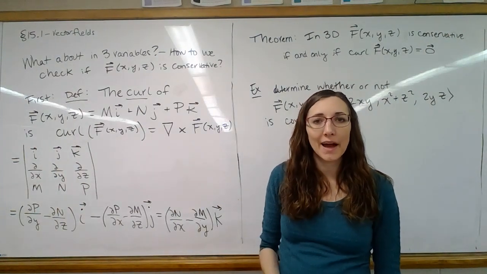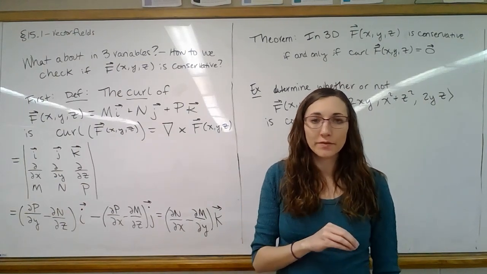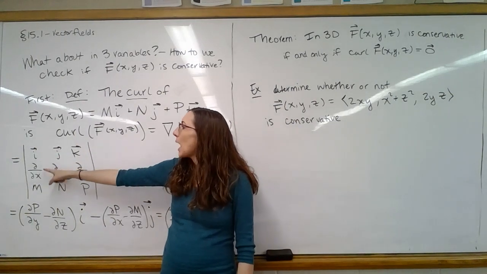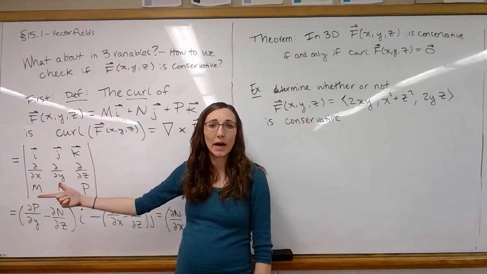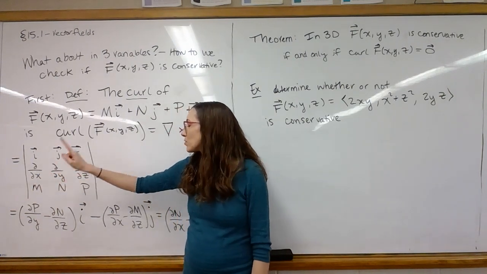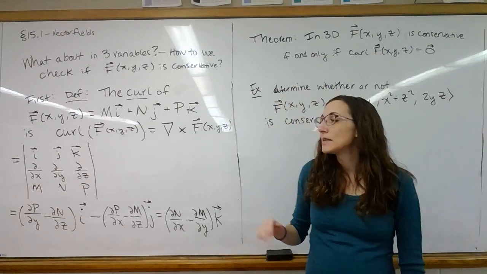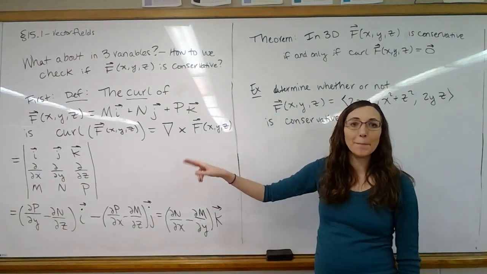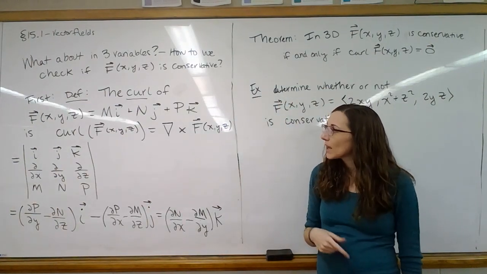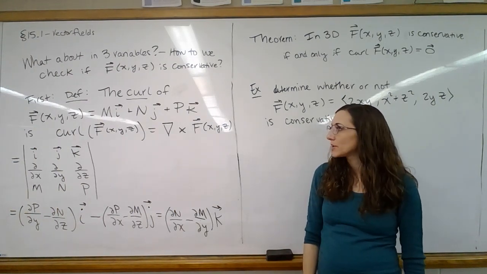Del is a placeholder for the individual partial derivatives, operations waiting to be applied to different expressions. So the partial with respect to x, the partial with respect to y, the partial with respect to z. And then the third row is the components of f, so M, N, and P. Then we just use that format to compute the determinant.